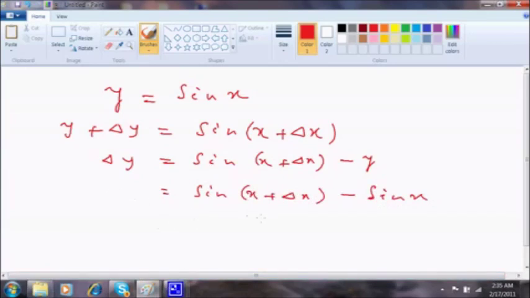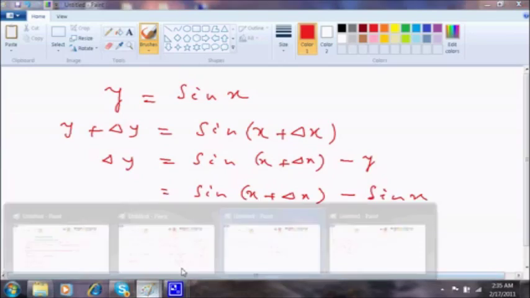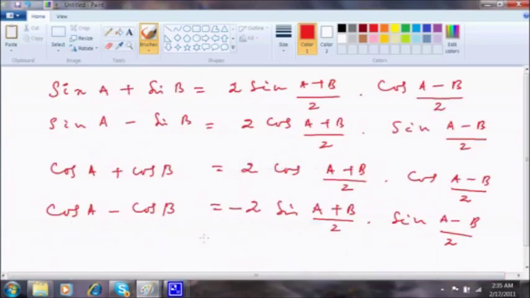Here I will use a formula for sin a minus sin b, and actually you should remember these formulas for these discussions. Sin a plus sin b is 2 sin (a plus b)/2 into cos (a minus b)/2. Sin a minus sin b is 2 cos (a plus b)/2 into sin (a minus b)/2. Cos a plus cos b is 2 cos (a plus b)/2 into cos (a minus b)/2. Cos a minus cos b is minus 2 sin (a plus b)/2 into sin (a minus b)/2.